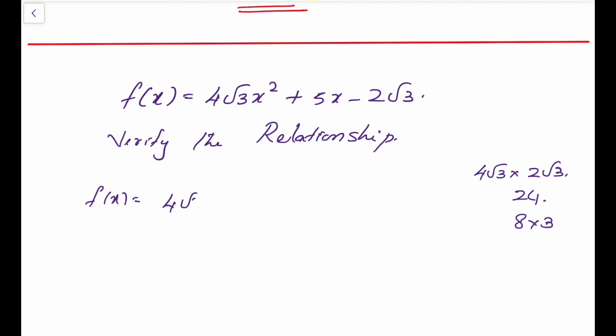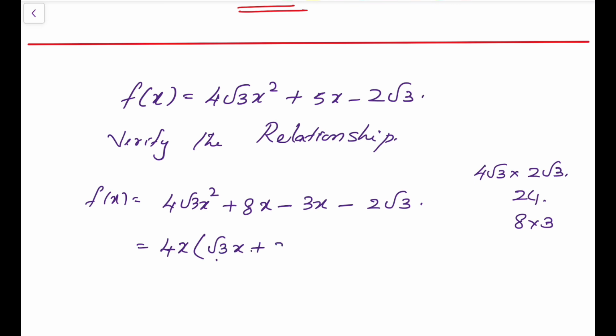So we will write f of x equal to 4 root 3 x squared plus 8x minus 3x minus 2 root 3. So this we will again take 4x out.